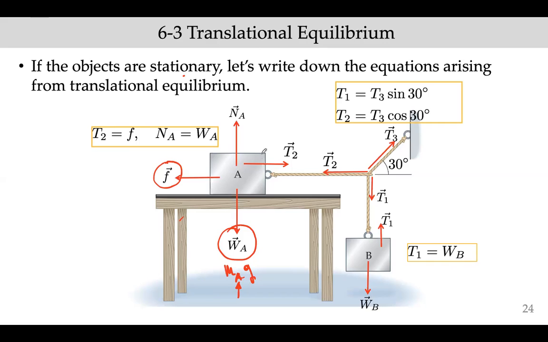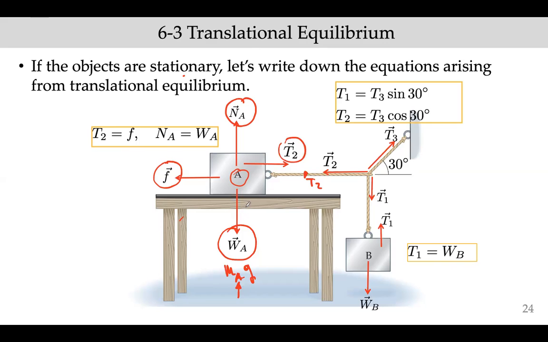And because it's on the table, there should be some normal force. And there is this rope, the tension is, let's call it T2. So for object A, the effect of T2 is pulling it to the right, like this.